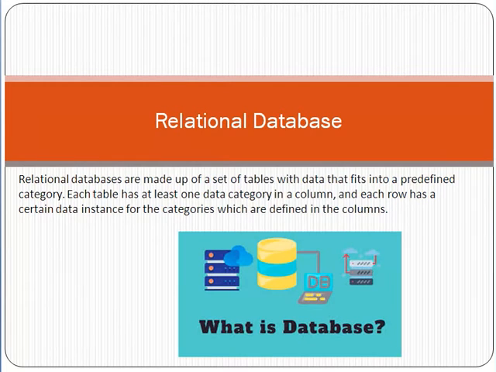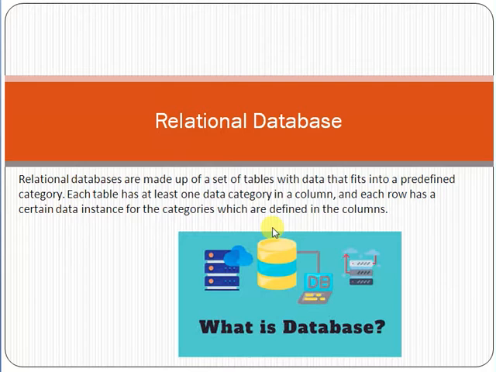Now moving on, there are many types of databases available. One database type is the relational database. Relational databases are made up of a set of tables with data that fits into a predefined category.